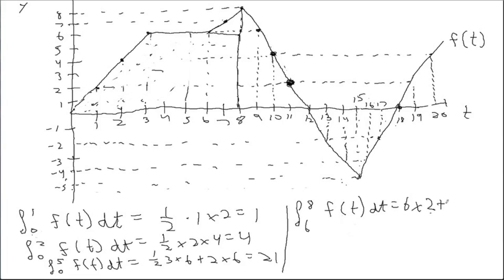And the triangle is 1/2 of 2, which is 1, times the height. Okay, I made a mistake. The height is 2, so it's 1 times 2, which is 2. So the area of the whole shape is 14.